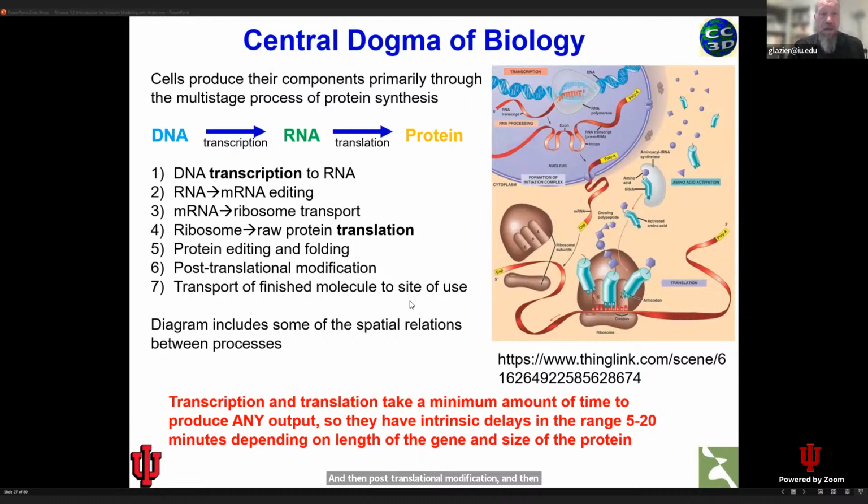And so there actually are a lot of steps between writing a gene as a series of DNA bases and a protein. And people often neglect those intermediate steps.